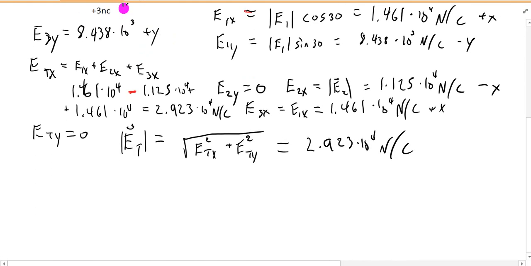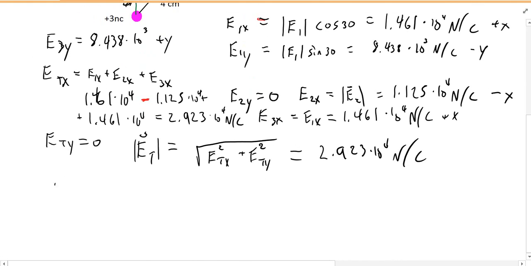The force on a point charge due to an electric field is F equals EQ. We already know E, and we're given that we're going to put a 5 nanocoulomb charge there.